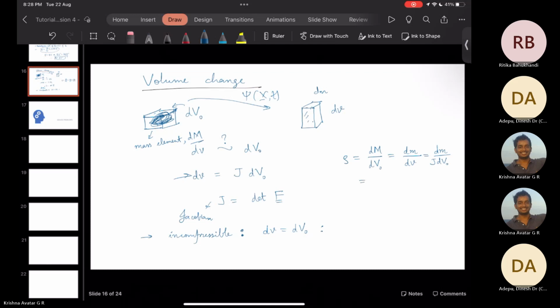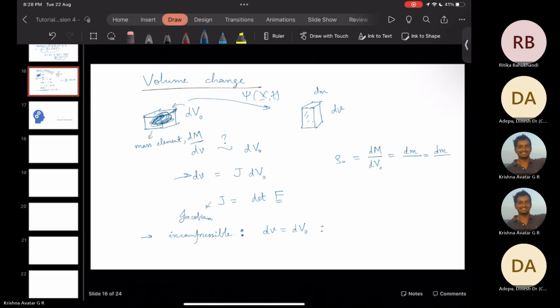Have I made some mistake here? Yes, J should be equal to 1 here. So here it should be the other way around.